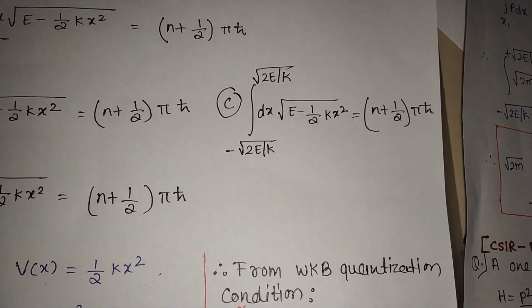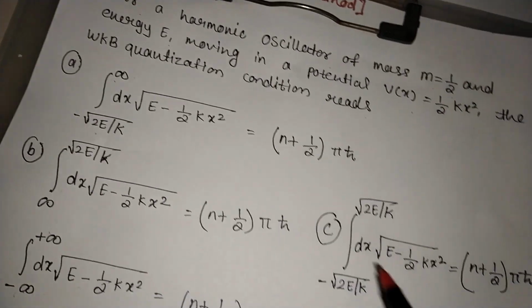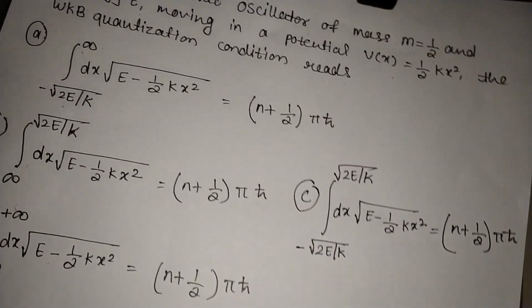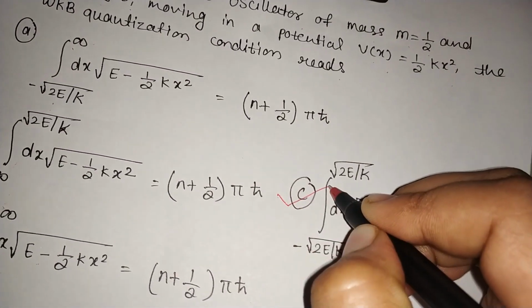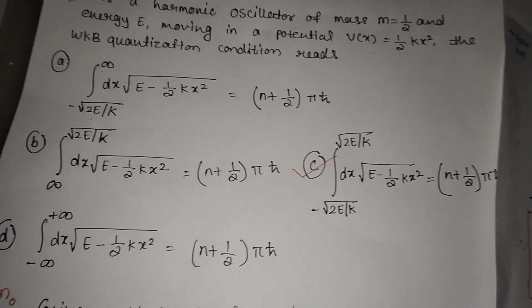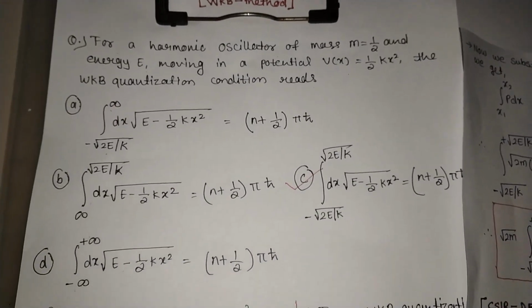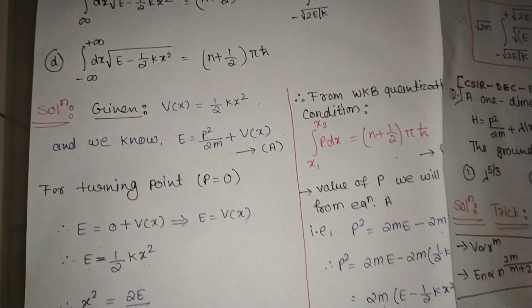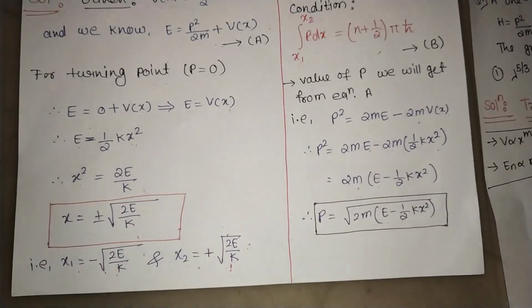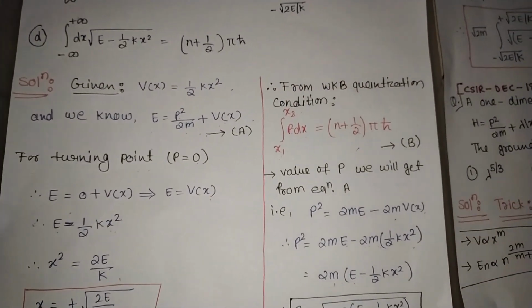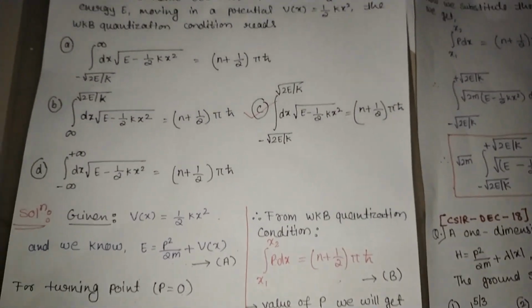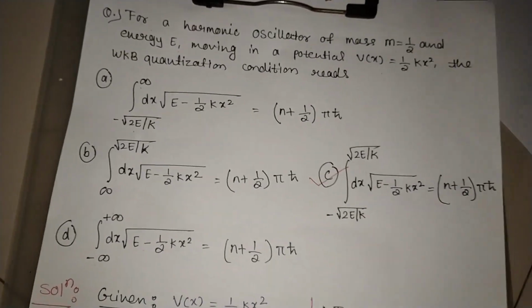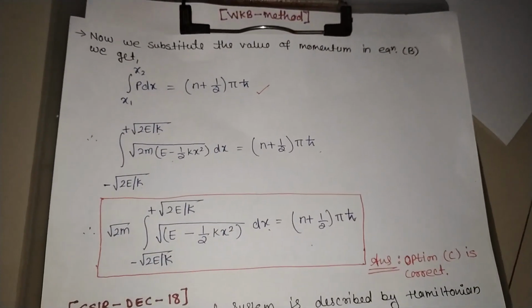So which option is correct? Option C is correct. I hope you have understood this question. It is very simple: we just have to determine the turning points, and by using the quantization condition, substitute the values and you get this answer.